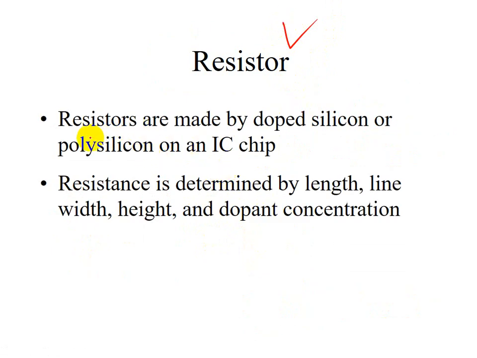So we know that resistors are made by doped silicon or polycrystalline silicon on an IC chip. In a lot of situations you can use polycrystalline silicon instead of single crystal silicon to build resistors, but the way the charge carrier carries the signal is different.